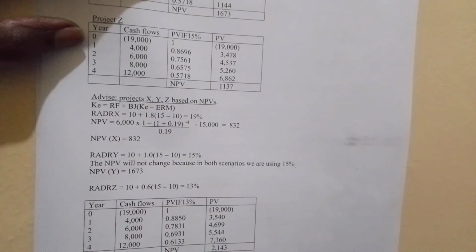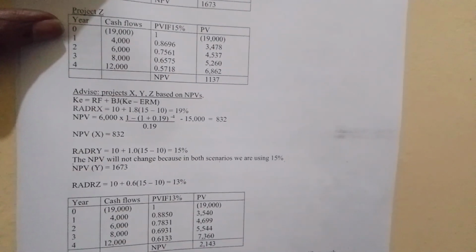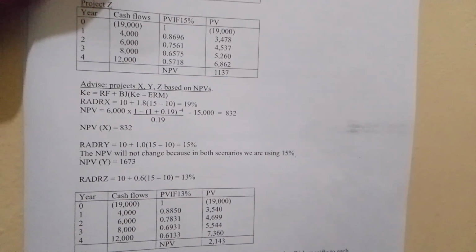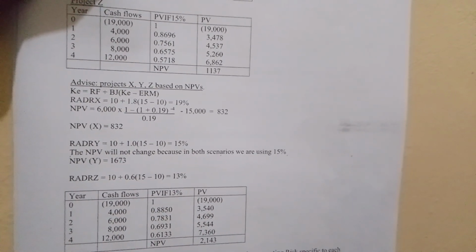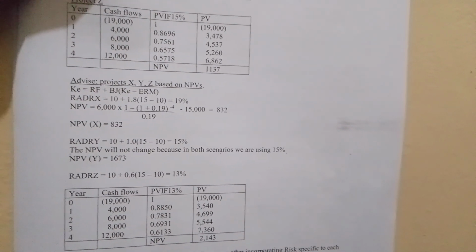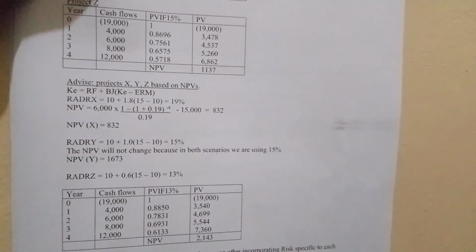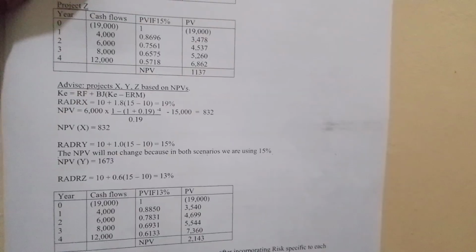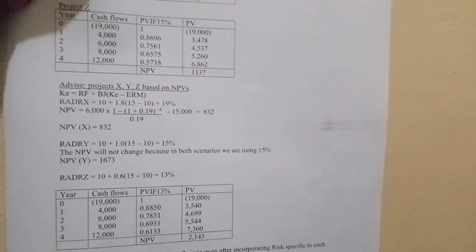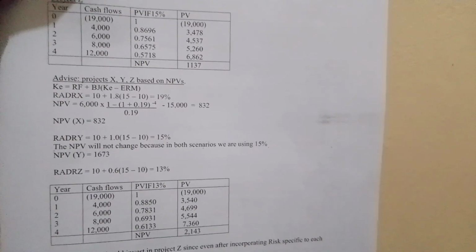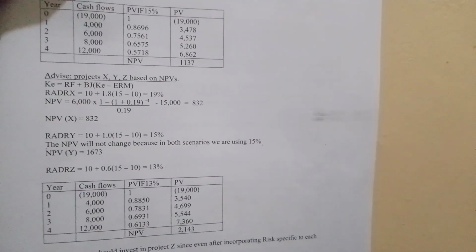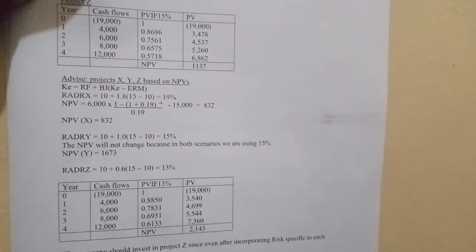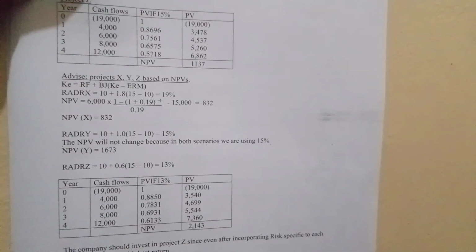We have been given the beta for each of these securities. The beta for security X, we have been told, is 1.8. So 10 is the risk-free rate plus the beta factor for project X, which we are told from the question is 1.8, into brackets expected market rate 15 minus 10, you get 19%.